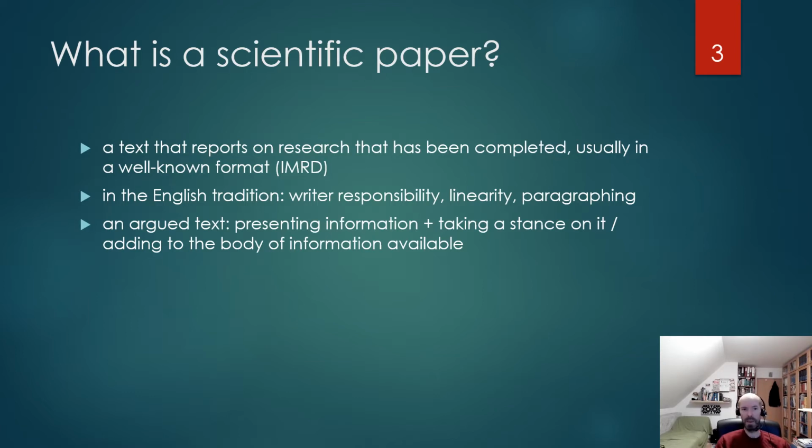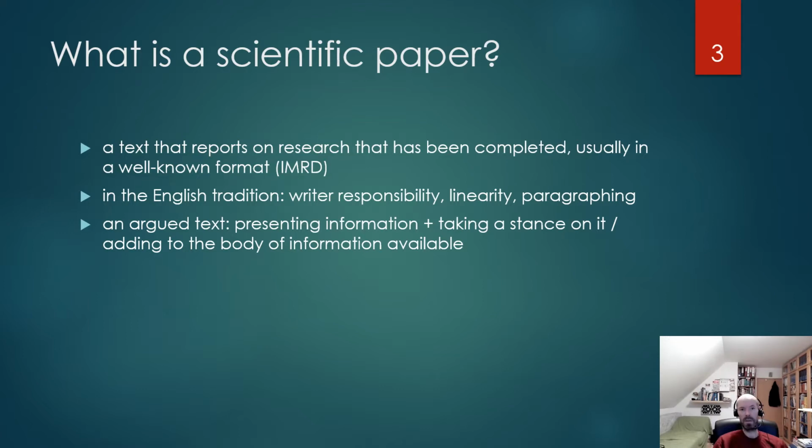I've already hinted at that in the outline. It follows the introduction, methods, results, discussion format, usually in that order. Sometimes there may also be a conclusion. That depends, for example, on the specific journal you're targeting, the journal you're writing for.